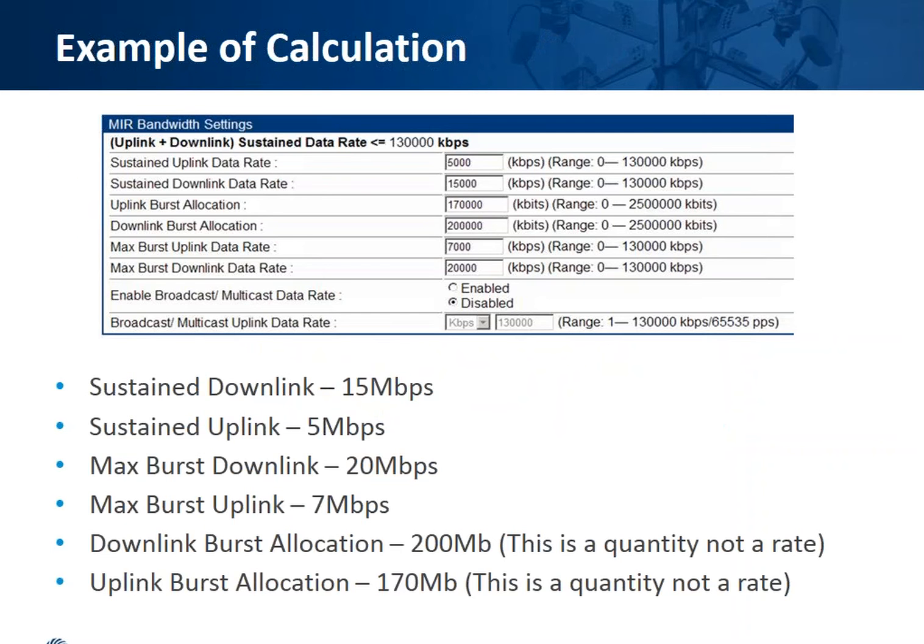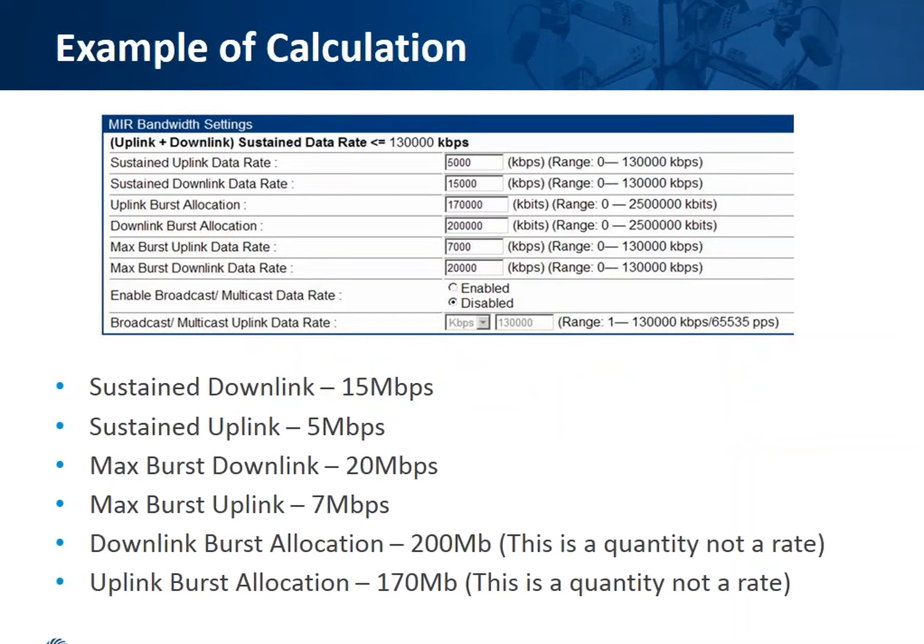All right, so looking at this example, taken from our MIR settings on our SM, the first two columns at the top are the sustained uplink and sustained downlink. The uplink is set for 5 megs, and the downlink is set for 15 megs. So those are our sustained rates. Our uplink burst allocation is set to 170 megabits, and our downlink burst allocation is set to 200.